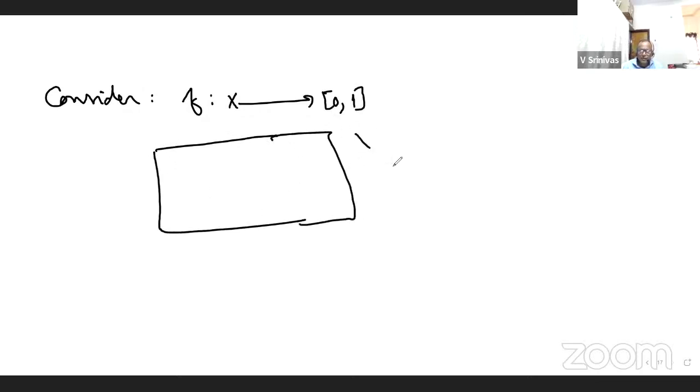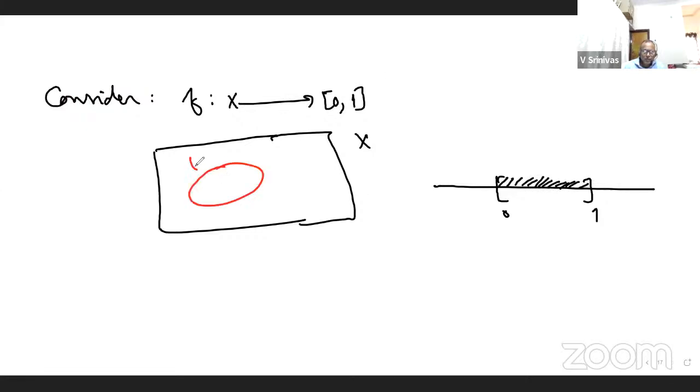This is your capital X, and this is the closed interval [0, 1]. And this is your F, and this point is some X.